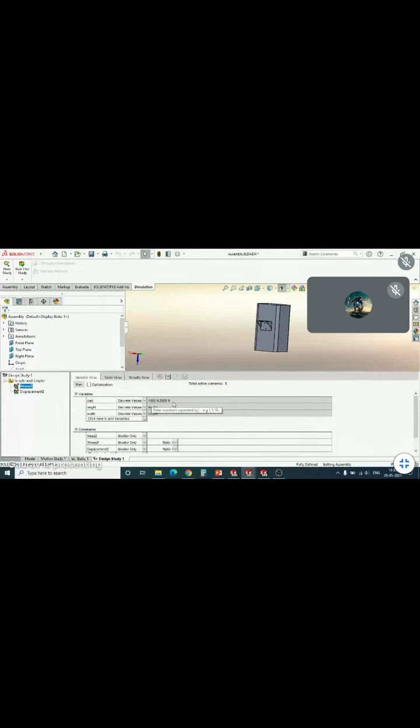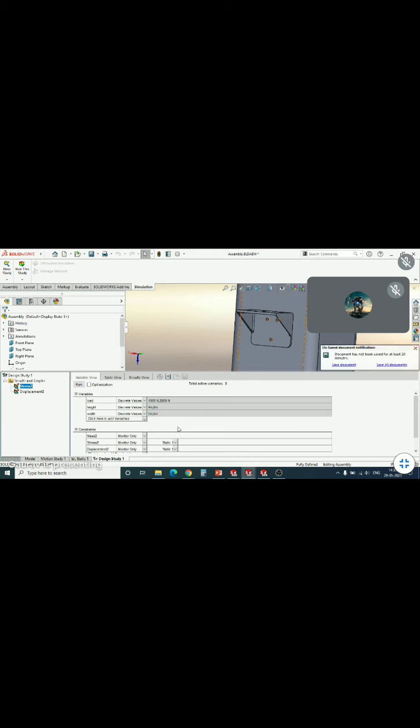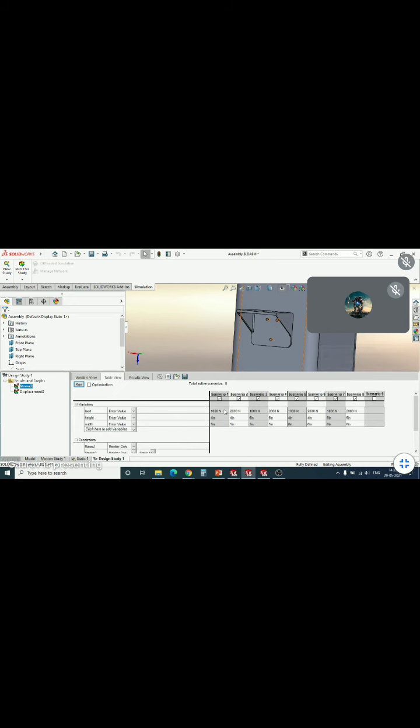What if I change the load? So I have just input the values of load over here. What if I change the height of this bracket? What if I change the width of this bracket, right? So you can provide all these values in just tabular format, and with permutation and combination it will create scenarios, correct?